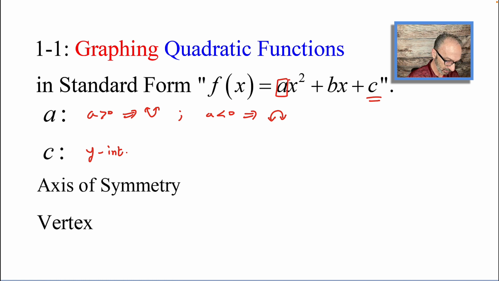The axis of symmetry will be x equals minus b over 2a. That's when we also use b in the middle, right here.